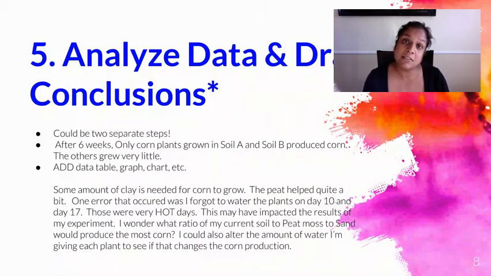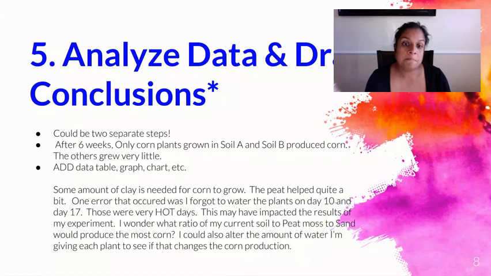I'm going to analyze all the data I collected, and I can organize it in a data table. I can make a pie chart or some sort of graph to help communicate my information better. And it turned out that only the corn plants grown in soil types A and B actually produced corn. The other plants didn't grow very much at all.